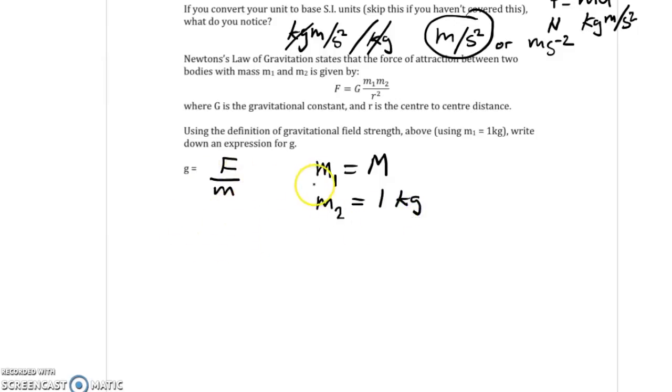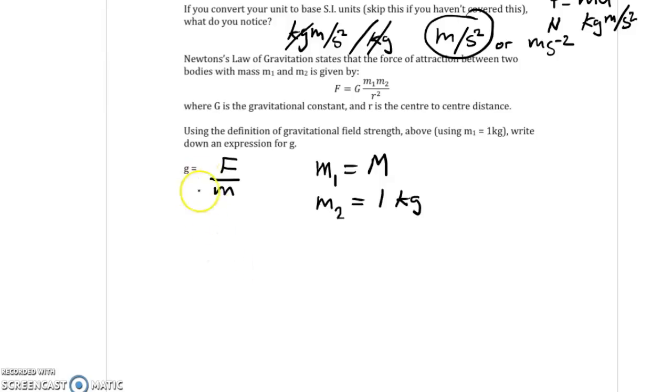What we're interested in is the gravitational field strength caused by this body M1. So we're going to put our test mass at a certain distance, r, to find out what g is at that position.